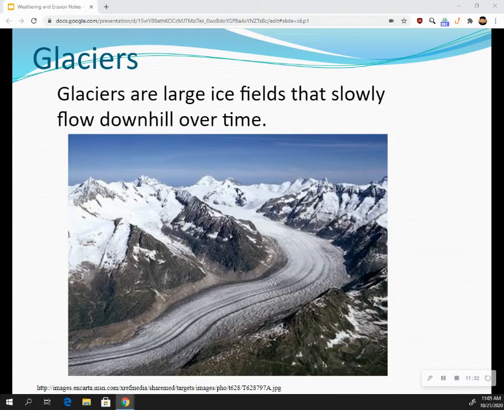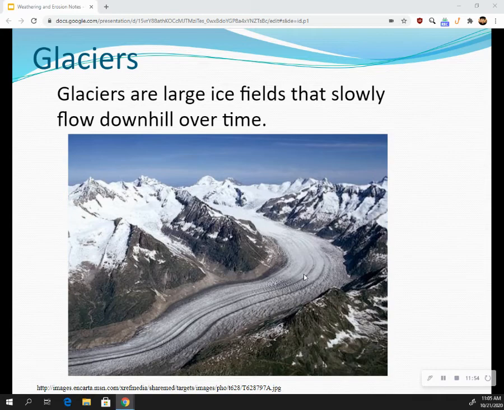Glaciers. Glaciers are less of a factor now, but over the history of our Earth, we talked about Alfred Wegener and how glaciers were a big part of how he thought Pangea formed, and it makes sense because glaciers are large ice fields that slowly flow downhill over time.